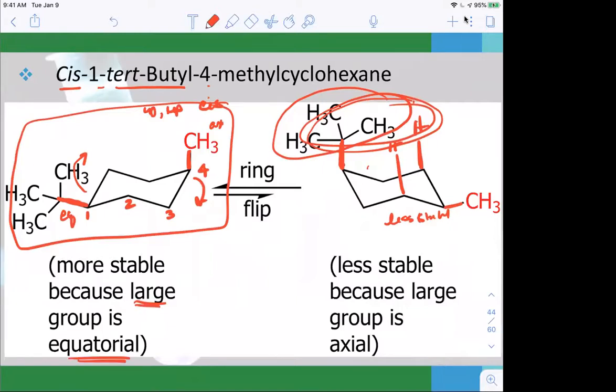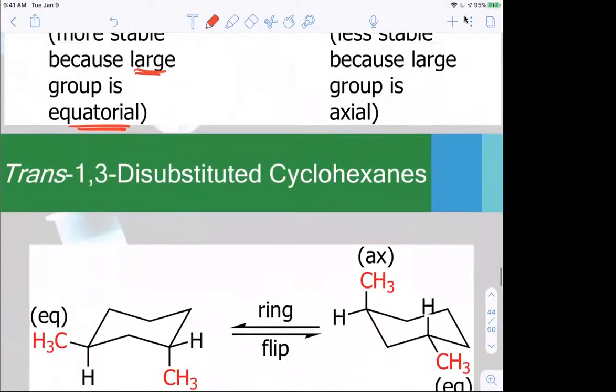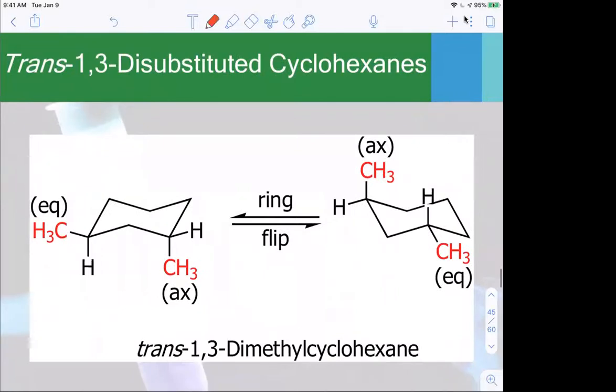So you're going to have to do this analysis on quizzes and tests in order to draw the appropriate chair ring conformations, including the ring flip, and then to assess stability based on the positioning of the substituents. Here's an example of a trans 1-3. Here I have 1, 2, 3.